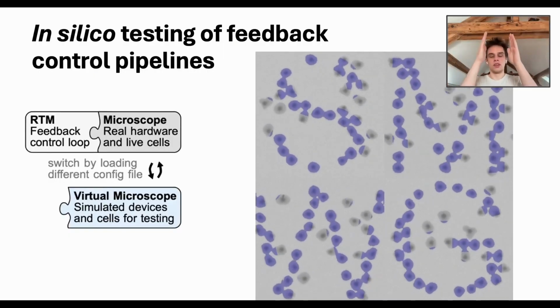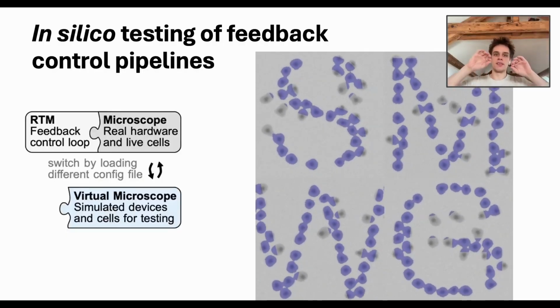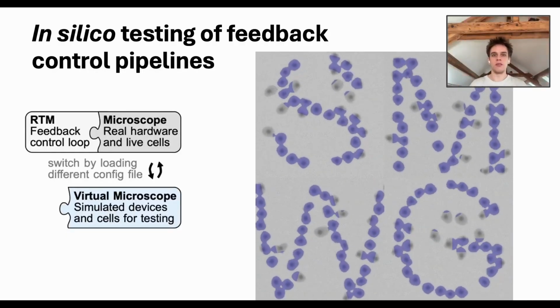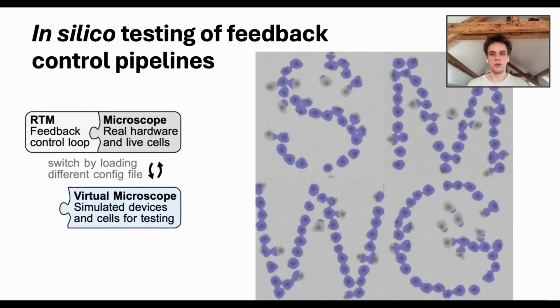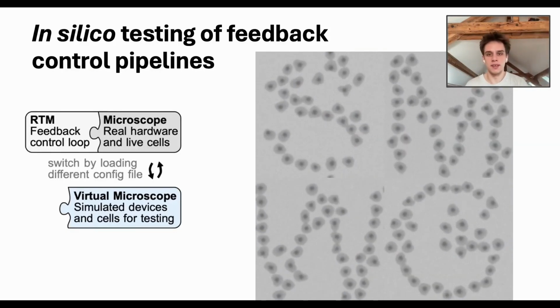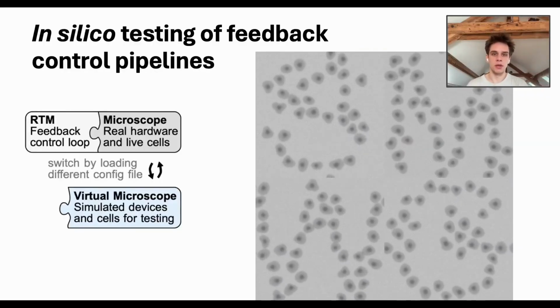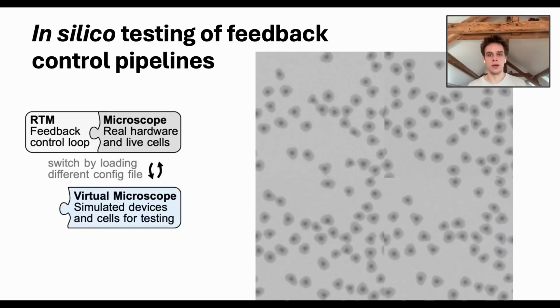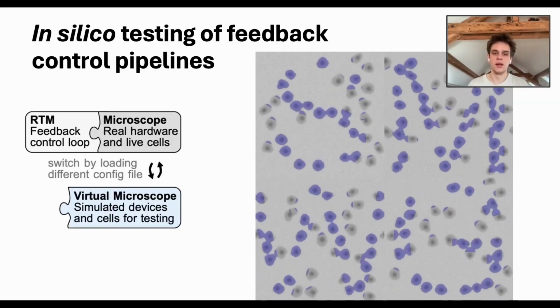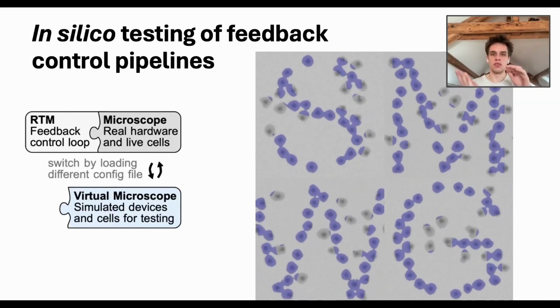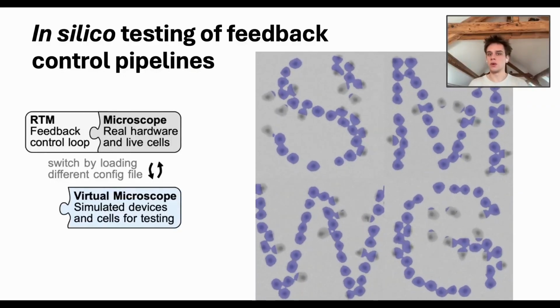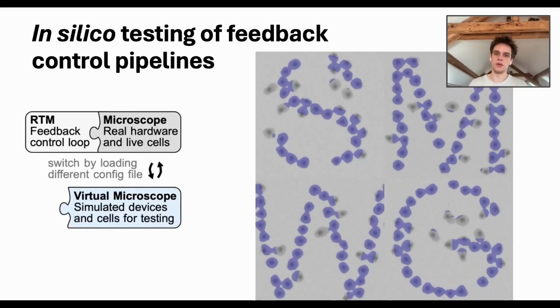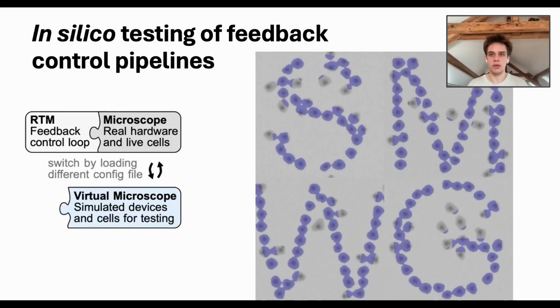And once the shape is filled enough, I steer away the cells so they can clear up the rest of the pattern. So you can iteratively add complexity, and LLMs are extremely good at quickly iterating over this. You just tell the microscope, okay, steer away the cells once the shape is too crowded. It writes the code, you can test it in silico, and if you're happy, you can go to the microscope and run the actual experiment.